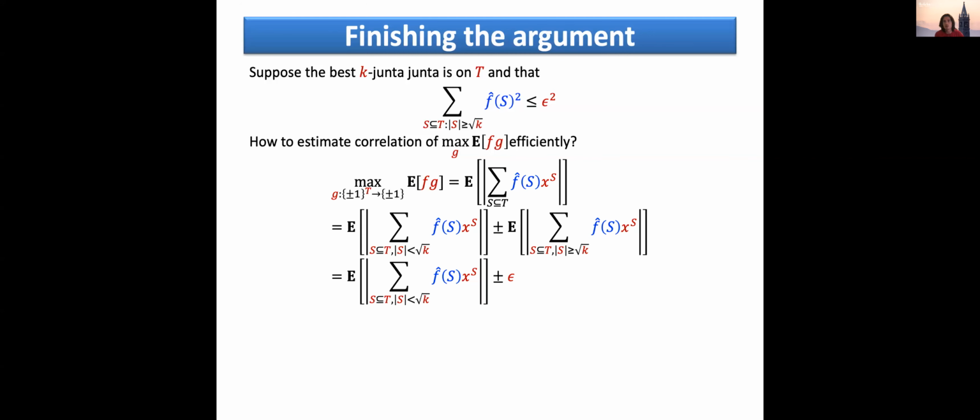We can just apply triangle inequality and split on the sets that are of size less than or equal to square root k, and sets of size greater than square root k. And this is just a sum, so this results in an additive error of at most epsilon, which is again what we're looking for.